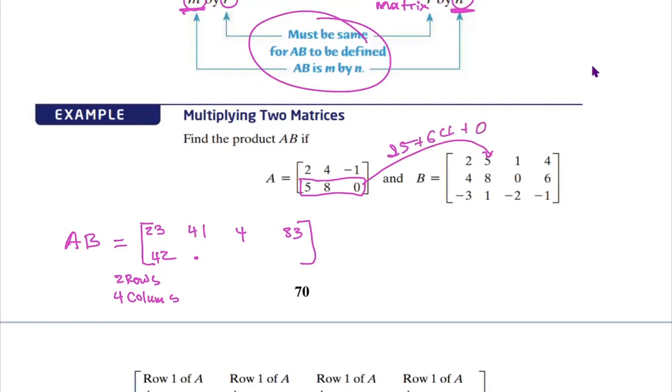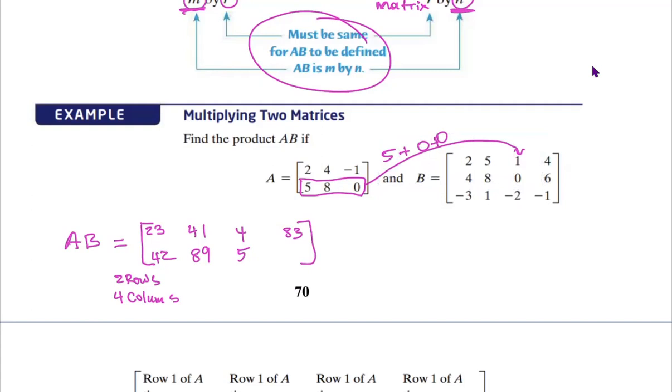So that number is 89. Next, we will multiply second row and third column. Second row, third column. 5 times 1, that's 5. 8 times 0, that is 0. 0 times 1 is 0. So we have 5 right here.